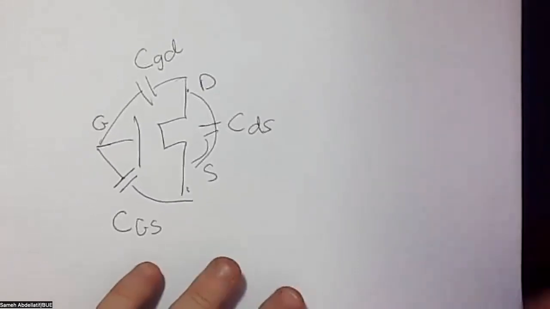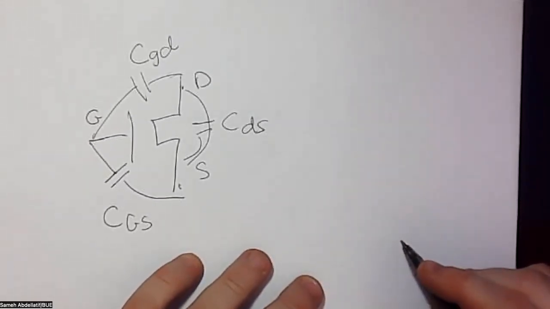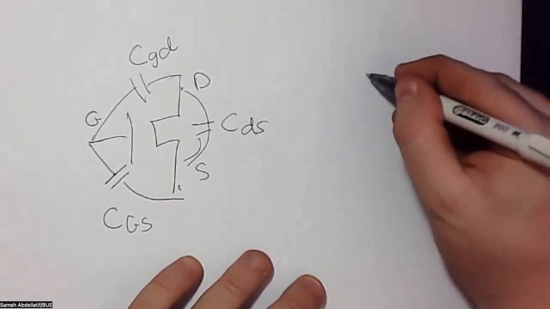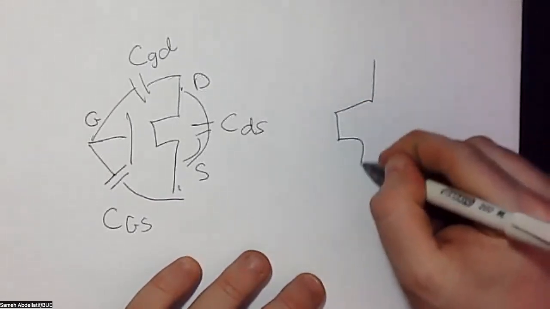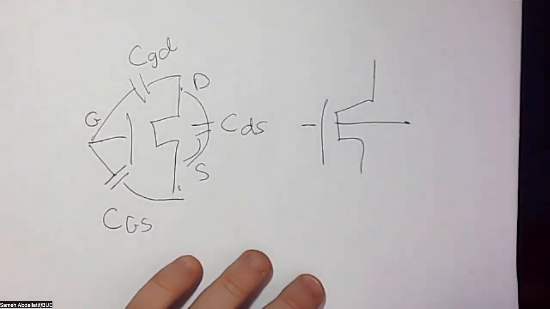Sometimes we consider this transistor as a four-terminal device with a body terminal. So sometimes you find it in this way. This is a body terminal.